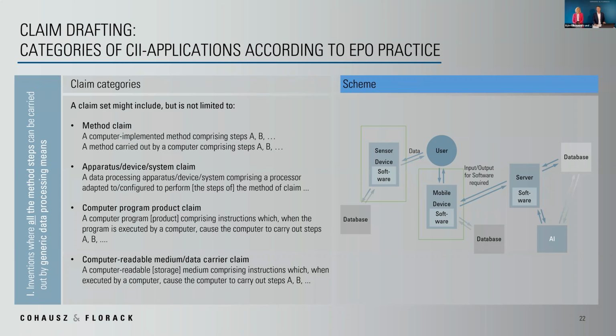What I wanted to show you here is an example. If you have a solution where you're using a mobile device and a sensor device, the way we would approach such claim drafting is that we would look at what the sensor device really does and then claim it in this way. The sensor device might gather some measurements and then output the measurements.